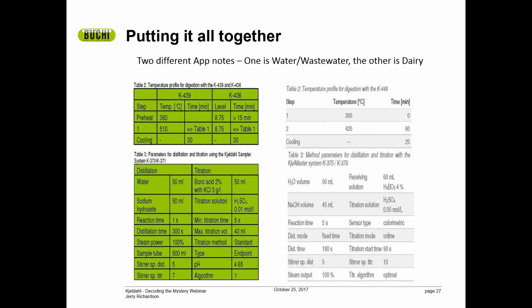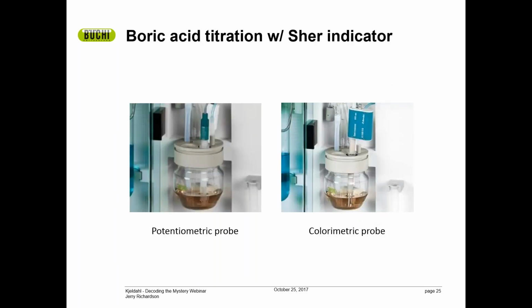Okay, and then drawing a parallel to the right, here you have a block digester, so our temperature is only to 420. We are using a colorimetric sensor, so our stir speed is actually higher. The reason being, if you remember looking at this here, I don't know if you can see it, but we have a fine wire mesh that you have to look at right in there. Very, very tightly you can see the wire mesh.